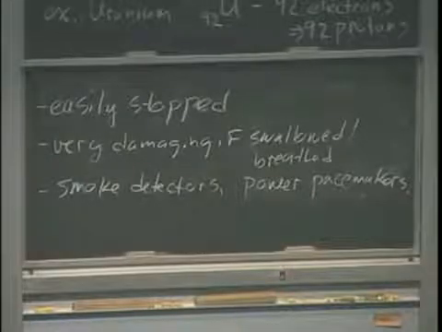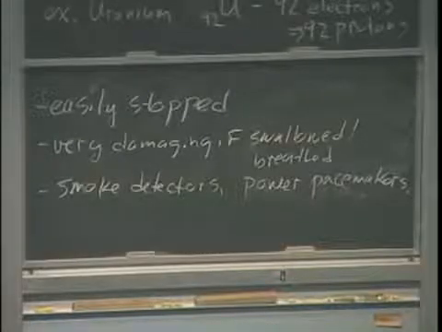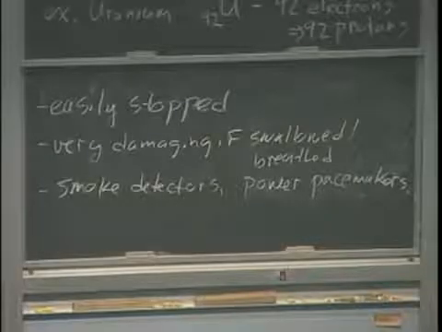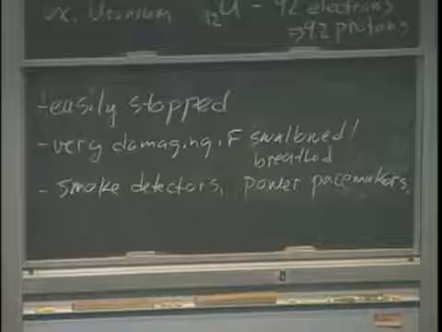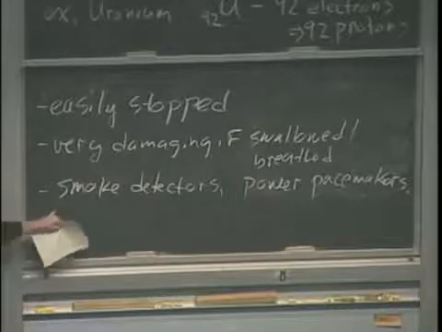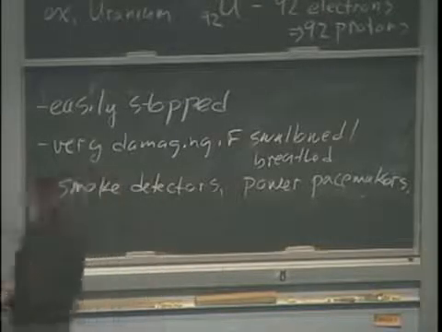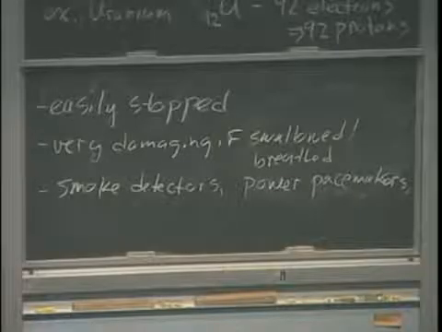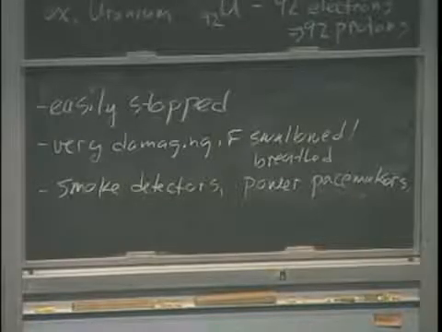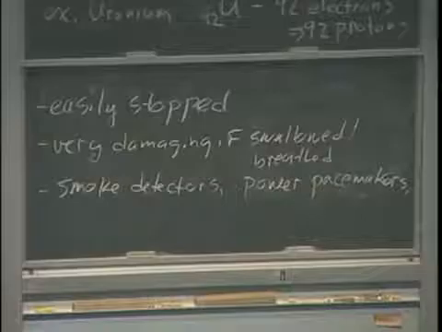So let's see, how much time we got? Oh, good, we're good. Okay, so those are alpha decays. Let's talk about the other decays. Besides the alpha, the next one is, not surprisingly, beta decays.